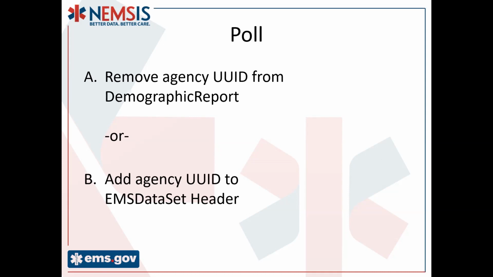you probably can't, because then you would have two agencies in your state system with the same UUID. And that would kind of break the intent of a UUID. In fact, when they submit patient care report data, if you were only using the UUID to identify the agency, all of a sudden you wouldn't know which agency to assign that patient care report to.